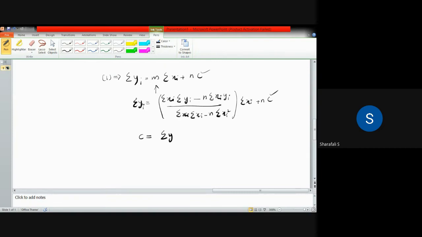Then you have to solve for equation for c. This equation you have to solve and you will get c, value of c. So that will be sum of y minus m into sum of x divided by n, right?